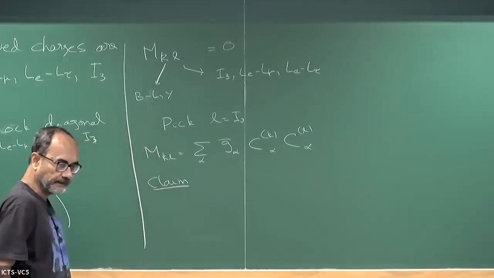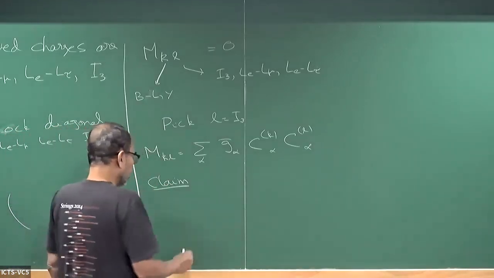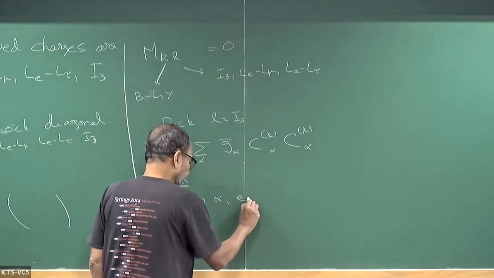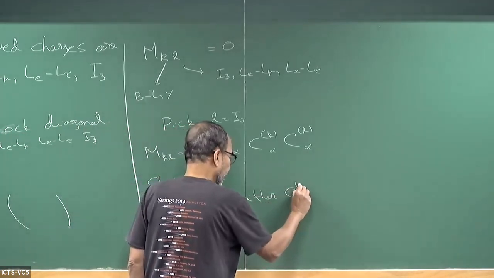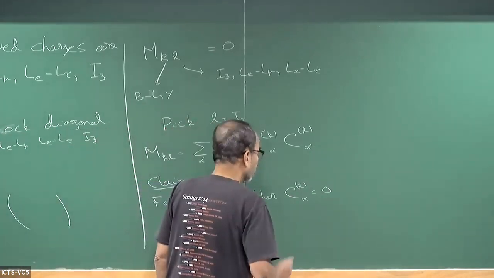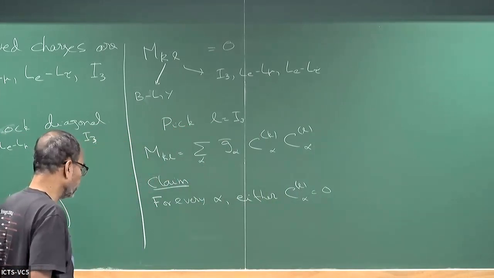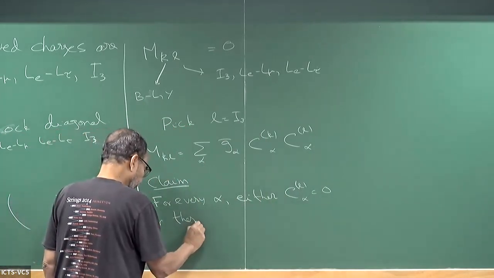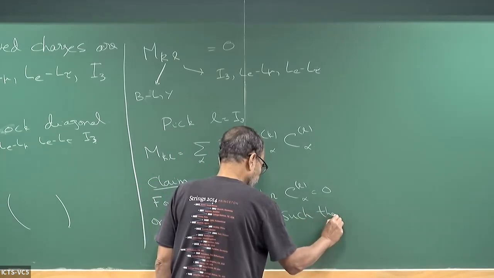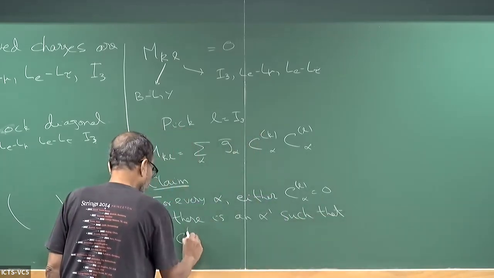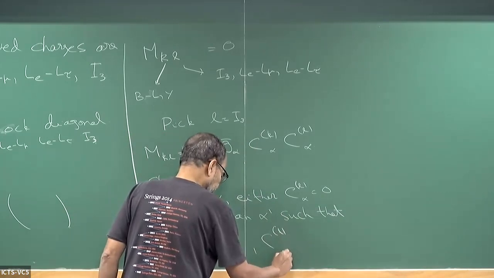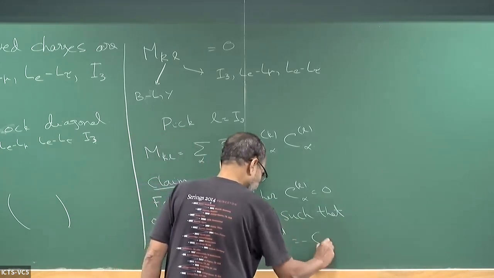So the result that I claim is the following: for every alpha, either C_L alpha is 0, in which case it doesn't contribute, L being I3 in this case, or there is an alpha prime such that C_K alpha equals C_K alpha prime and C_L alpha is minus C_L alpha prime.